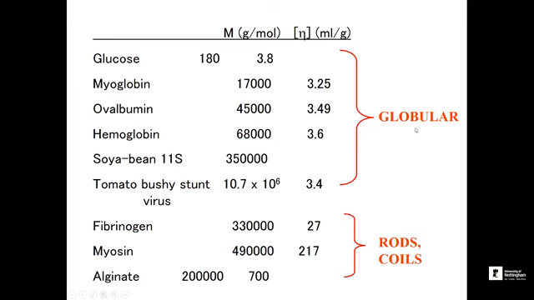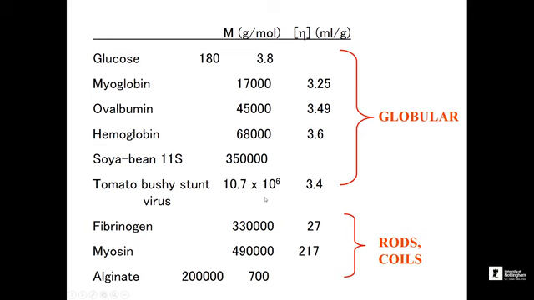So for globular particles: glucose 3.8, myoglobin 3.25, ovalbumin 3.49, hemoglobin 3.6. Soybean 11S globulin is completely missing here, so not only is it a formatting problem, it's just not there, but it is around the same, about 3.5, 3.6.